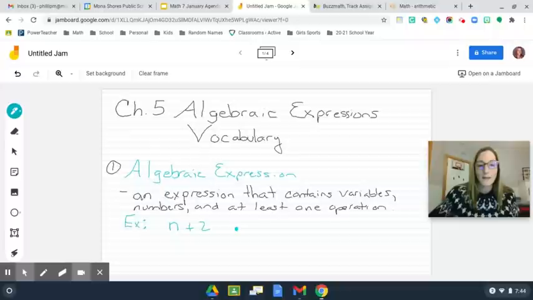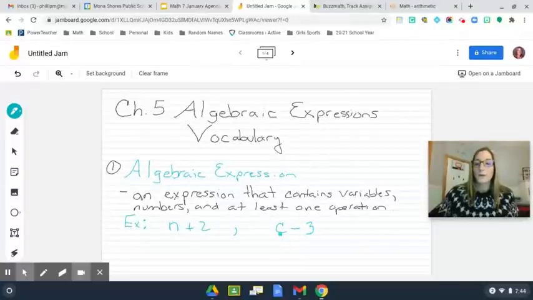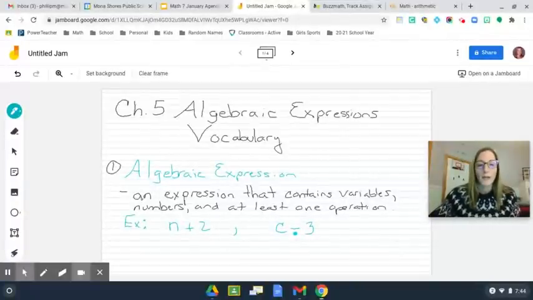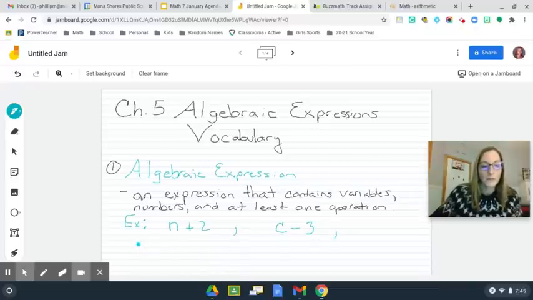Here's another possibility. If I did c minus 3, my variable is c, my one operation there is a subtraction sign, and my number is a 3. c minus 3, algebraic expression. Let's look at another one. This time I'm going to make it a little different.